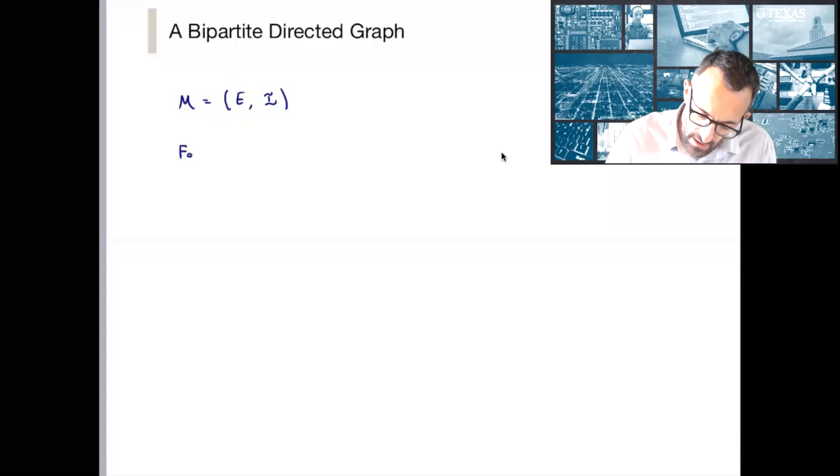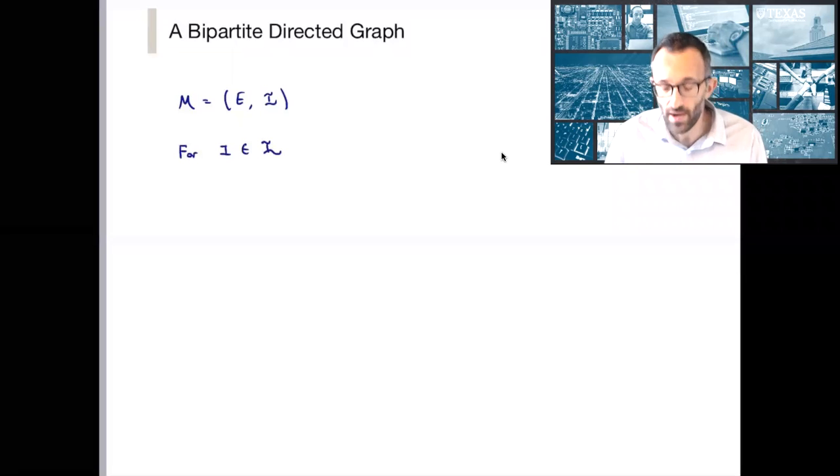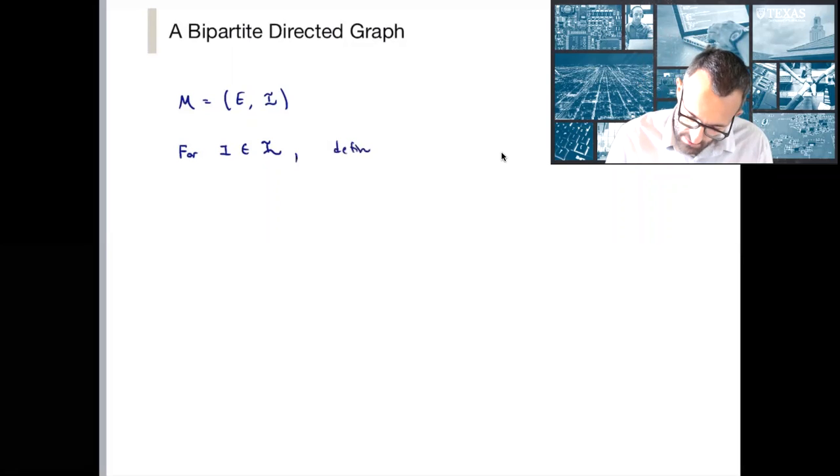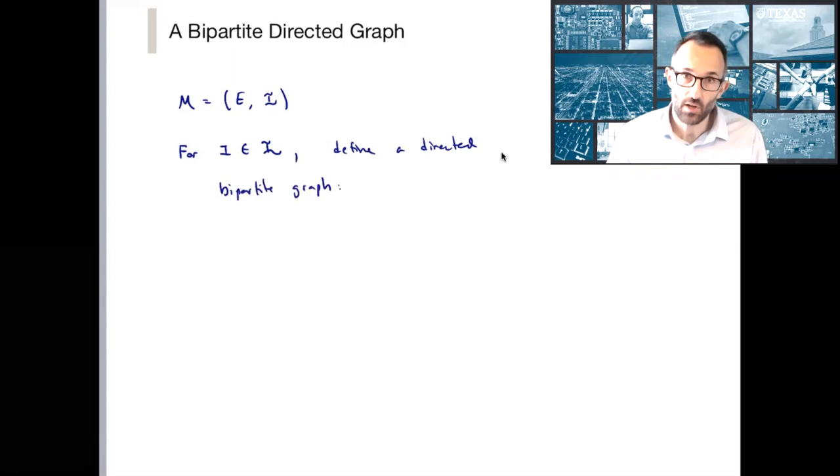Now let's take any independent set. And for that independent set, I'm going to define a directed graph. So for this I, define a directed bipartite graph, which I'm going to call D for directed.